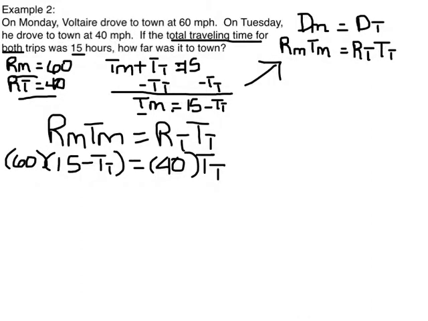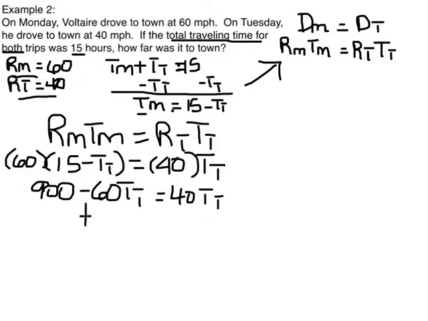So 60 times 15 is, let's see, 6 times 15 is 90, so that would be 900 minus 60 TT equals 40 TT. So now I'm going to add 60 TT to both sides.